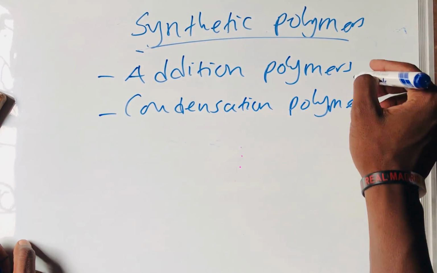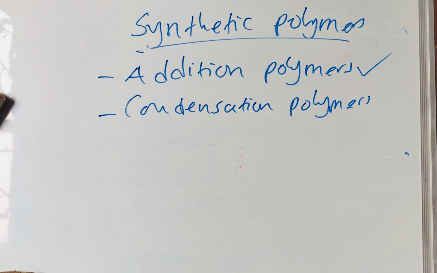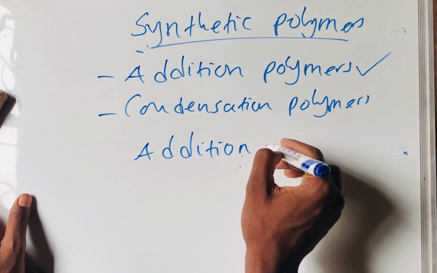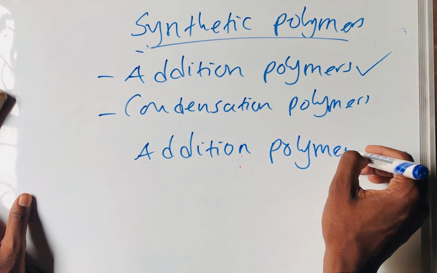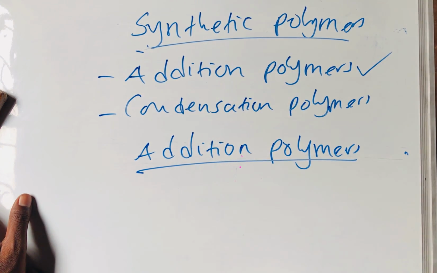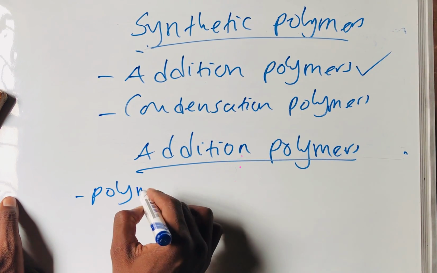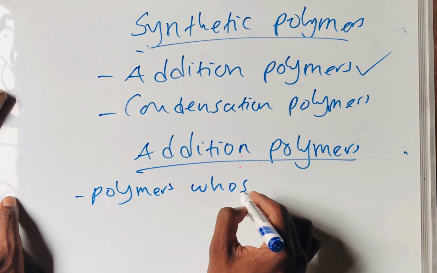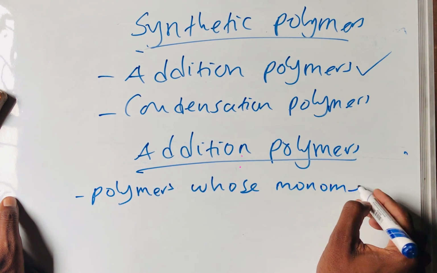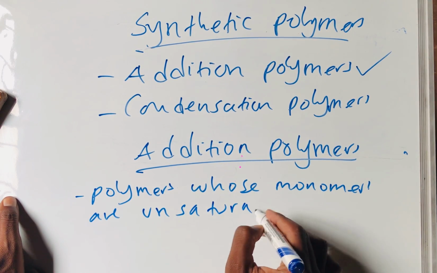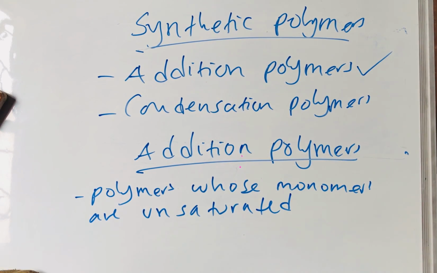So let's first of all start by looking at addition polymers. What are addition polymers? Addition polymers are polymers whose monomers are unsaturated.